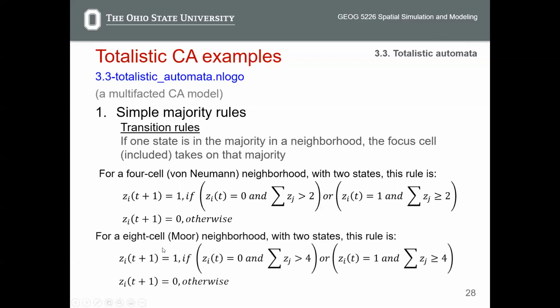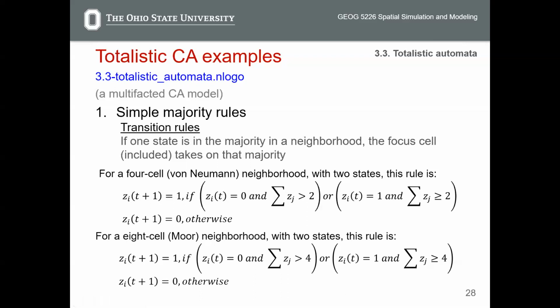Similarly, we can have this mathematical expression of the transition rules for the Moore neighborhood. In the Moore neighborhood, how many neighbors are there? 8 neighbors, right? But you should also consider the cell itself, which means that the majority is 5.